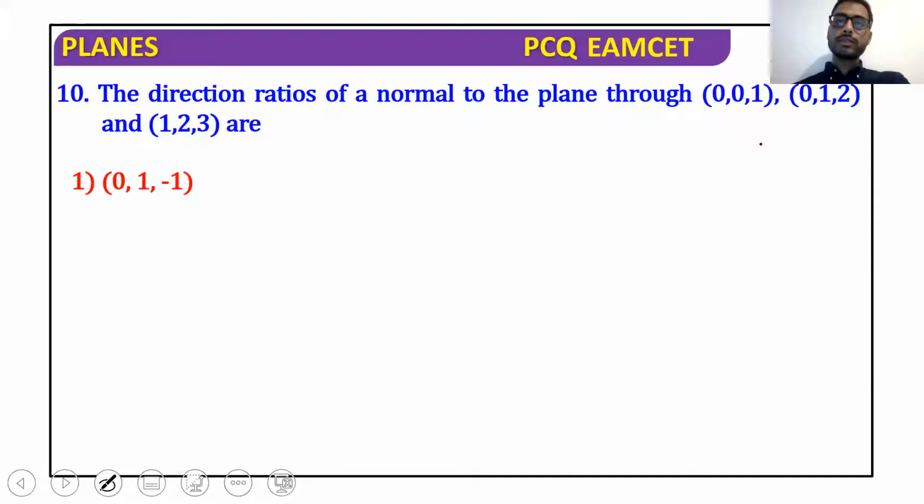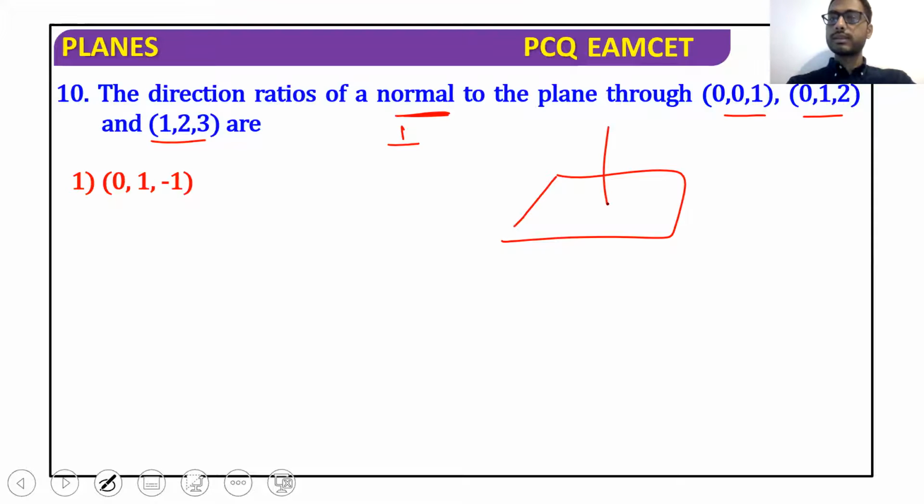The direction ratios of a normal to the plane through these three points. So direction ratios of normal. Normal means perpendicular to the plane, and we want the direction ratios of that perpendicular. We are having 3 points. So how can I get direction ratios of a perpendicular if I am having 3 points? Simple. I'll consider those points as A, B and C, and then I'll find the cross product.